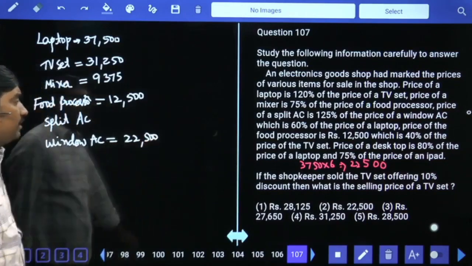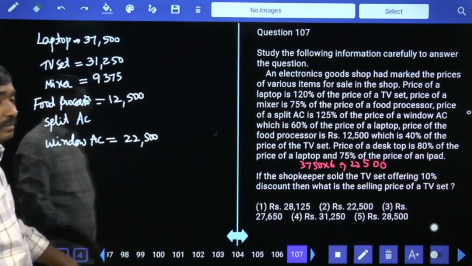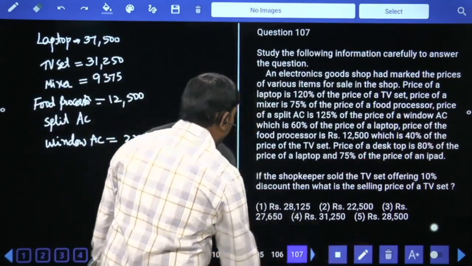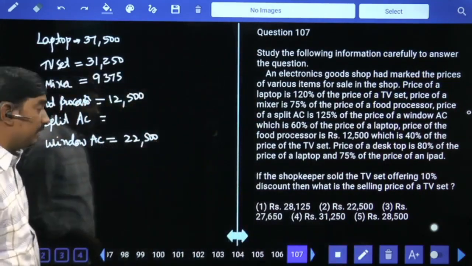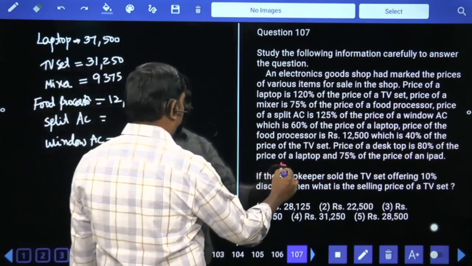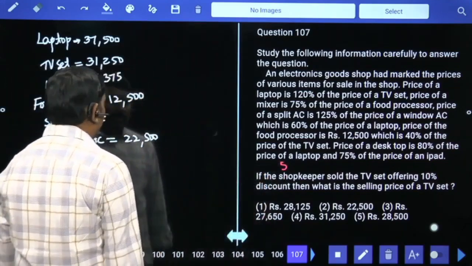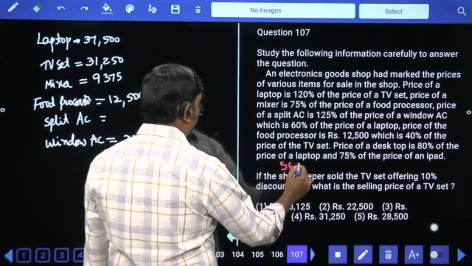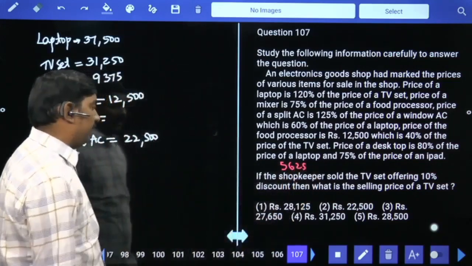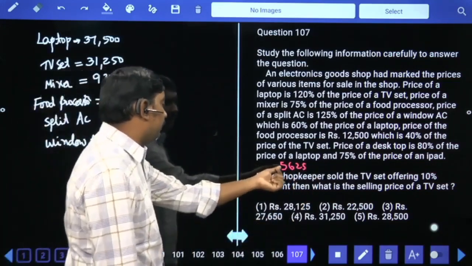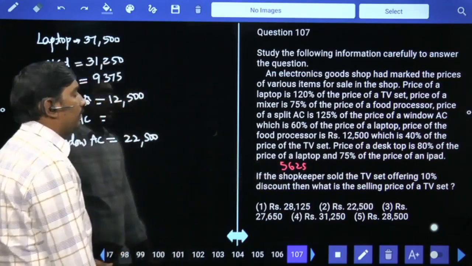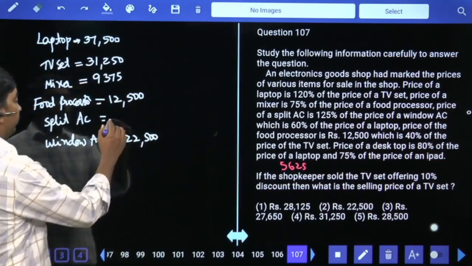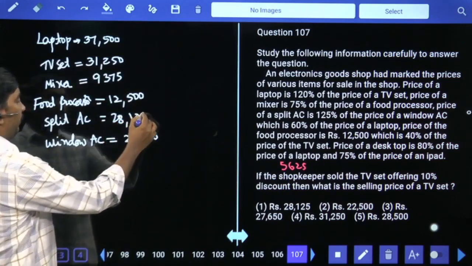And the split AC is 125% of the window AC, which means 25% extra, 1/4 extra. 1/4 of 22,500 is 5,625 extra. 22,500 plus 5,625 is 28,125. So 28,125 is the split AC.